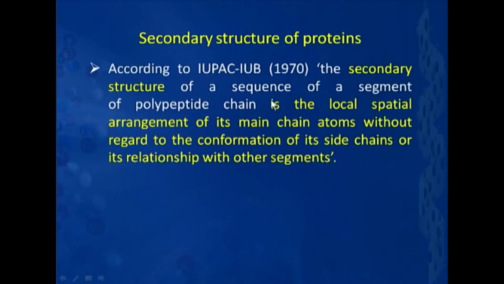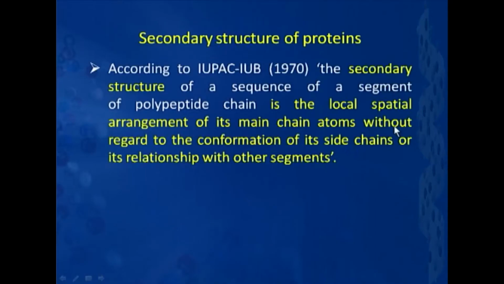Secondly, the structure of a segment of a polypeptide chain is the local spatial arrangement of its main chain atoms without regard to the conformation of its side chains. That means, out of the whole protein molecule, I am looking at a small segment, and within this segment I am just looking at the three-dimensional structure acquired by the backbone main chain atoms.